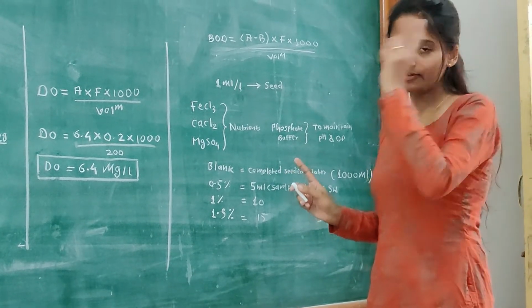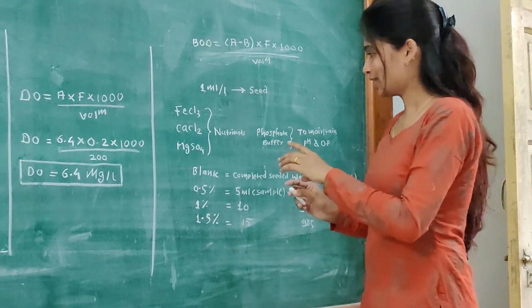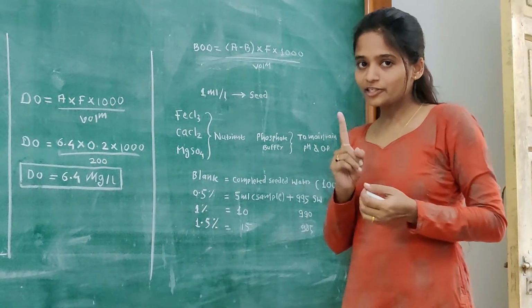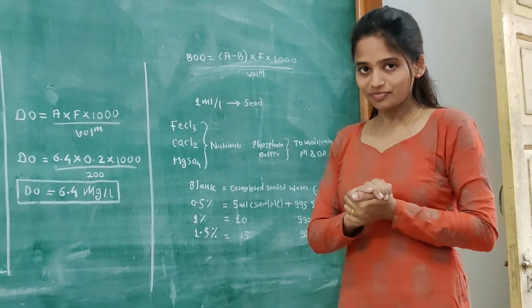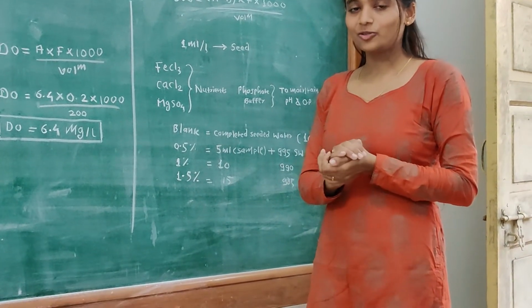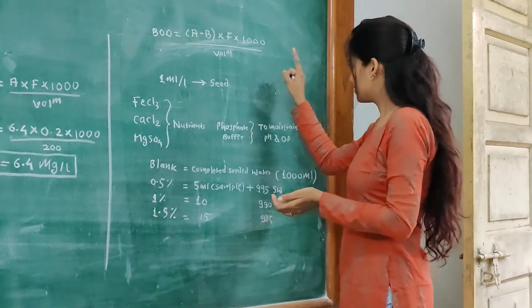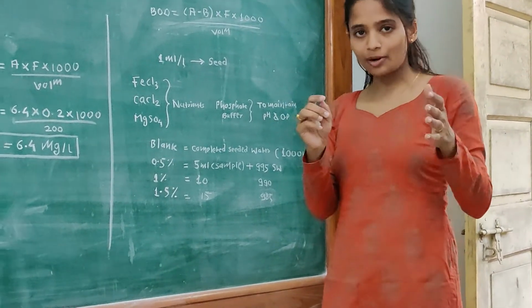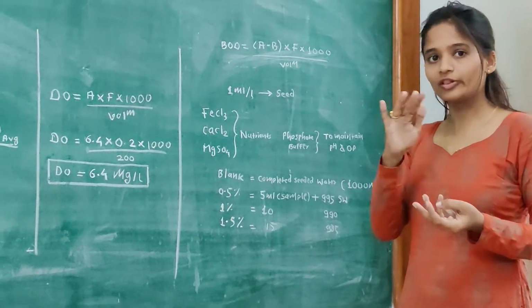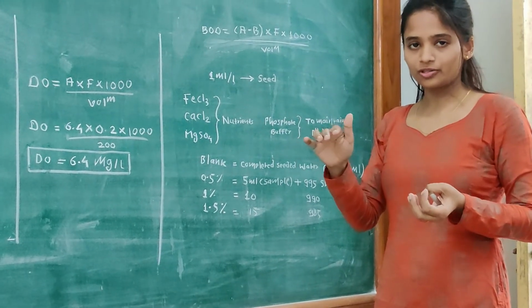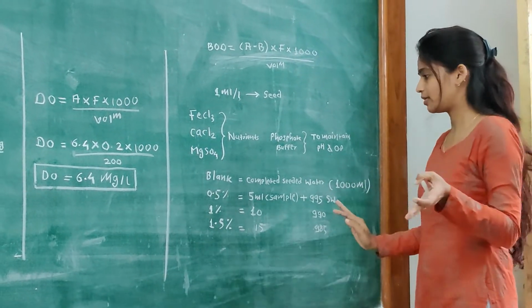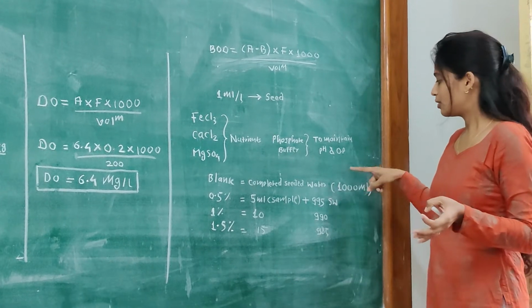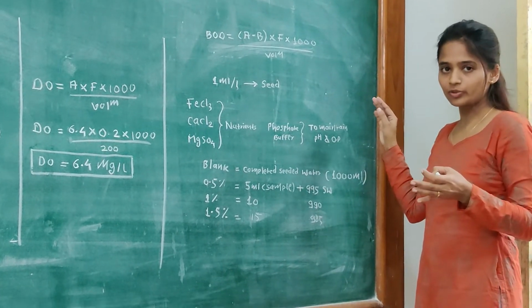You have already seen DO bottles, right? The capacity of each DO bottle is 300 ml, and we need an amount which can fill all 3 DO bottles, so we are taking 1000 ml here.